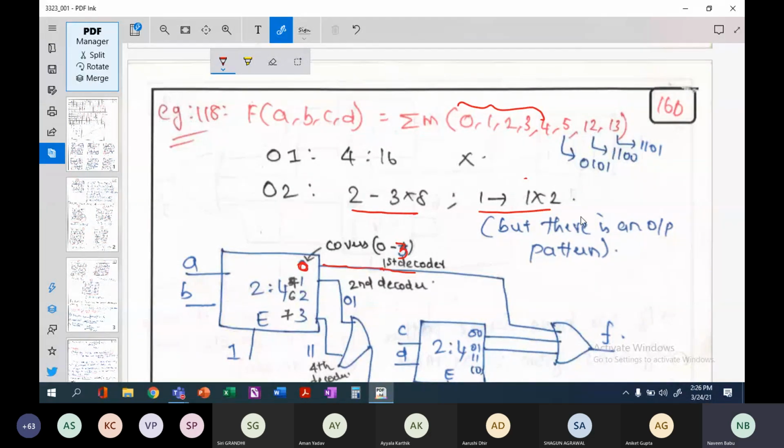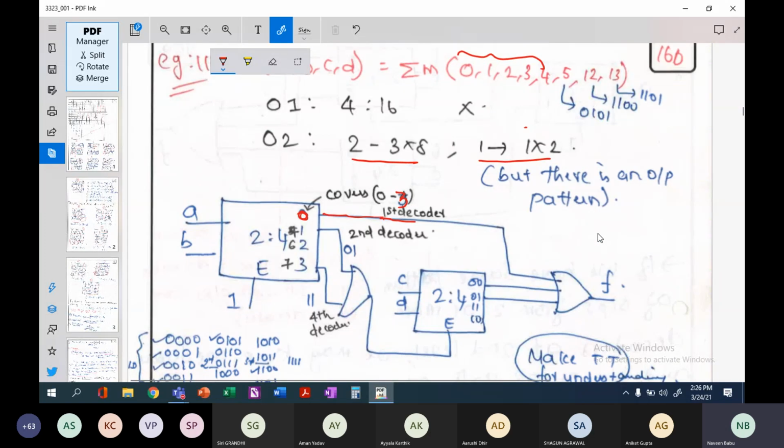Now if you look at the pattern here, 4 corresponds to, okay, look at the binary values here. This is 0 1 0 1. 12 corresponds to 1100, 13 corresponds to 1101. So please note we have split our inputs as 0 1 here.